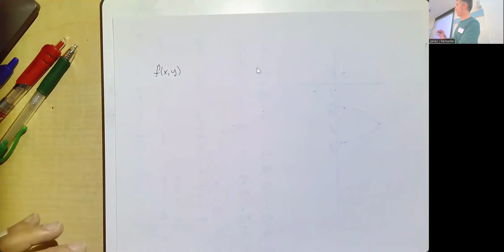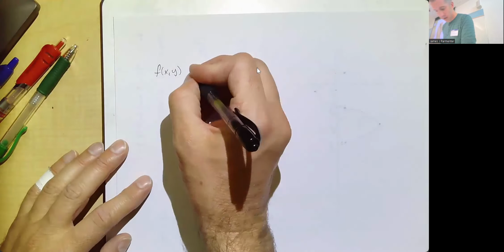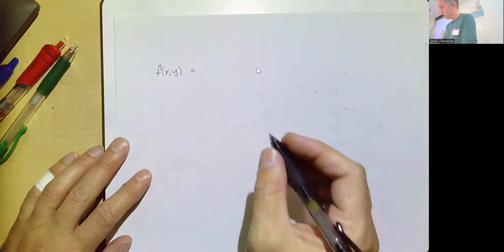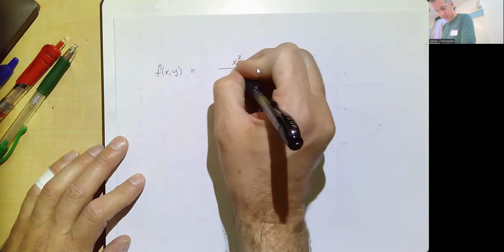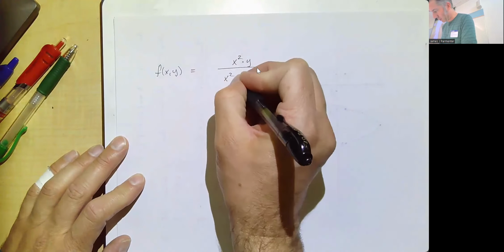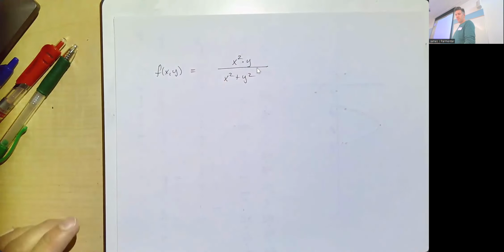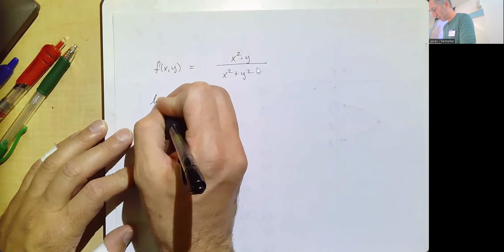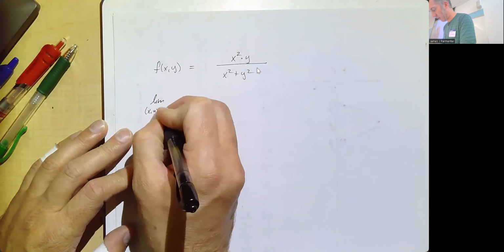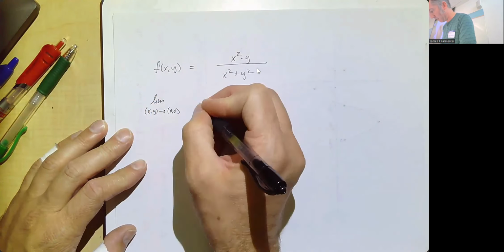So if this goes awry, we'll fix it. But let's say, I think this one's going to work out, we've got something like x squared times y over x squared plus y squared. Now we're trying to talk about the limit as x, y approaches 0, 0 of this function.